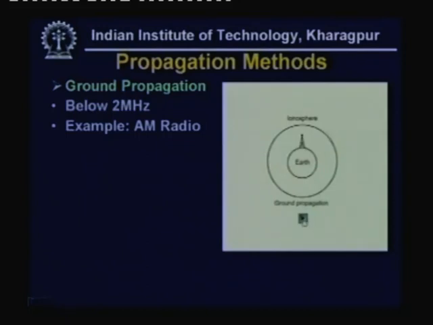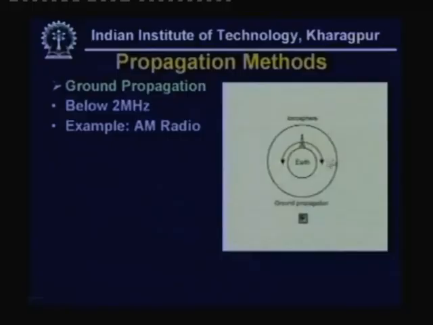The ionosphere will play an important role in some cases, as we shall see, but let us see what happens in case of ground propagation. In ground propagation, as you can see, the ionosphere does not play any role. The signal is propagating in all directions, and the signal is hugging the earth. So around the ground the signal is going on.